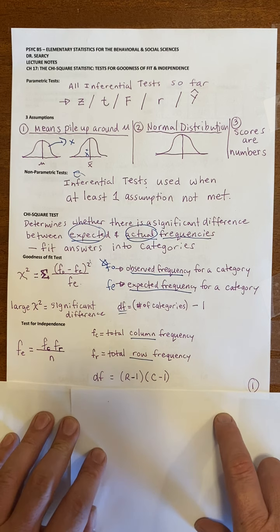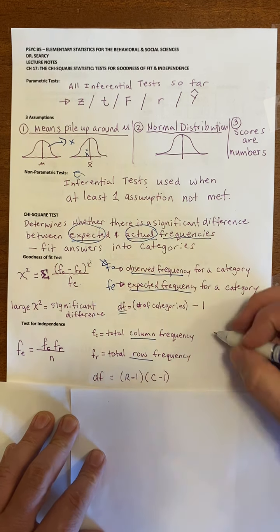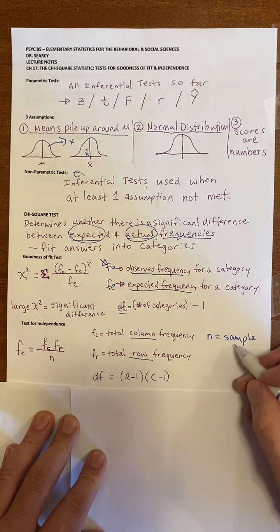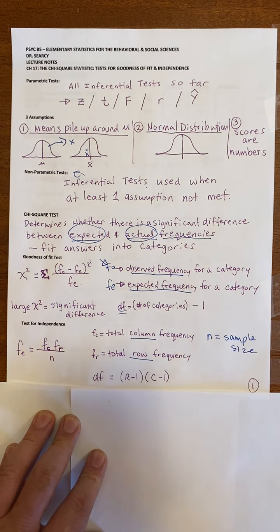I trusted so well that you knew that I didn't even write it down. But I'll go ahead and do that just to make sure. Right? Our lowercase n is sample size.